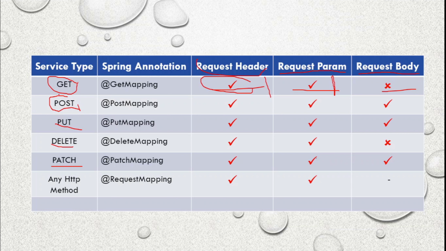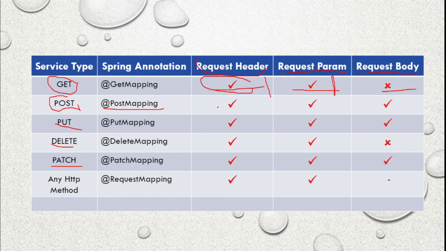Spring provides the @PostMapping annotation to define a POST service, and POST services support request header, request parameter, and request body also. Mainly the request body is the whole request detail we use to process.